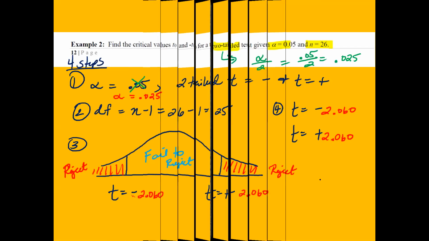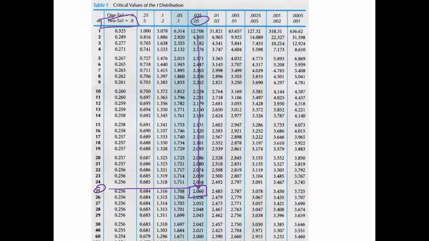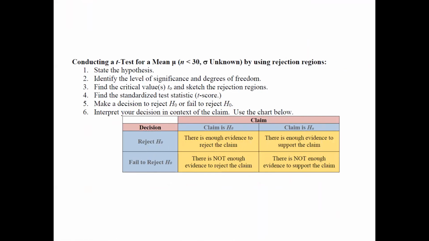All right, so let's go ahead and do conducting a t-test for a mean. If you take a look at this, there are 6 steps. State the hypotheses, so that's a null hypothesis and the alternative. Tell me what your degree of freedom and the alpha level are. Then the critical value, and sketch the rejection region, which is step 3.